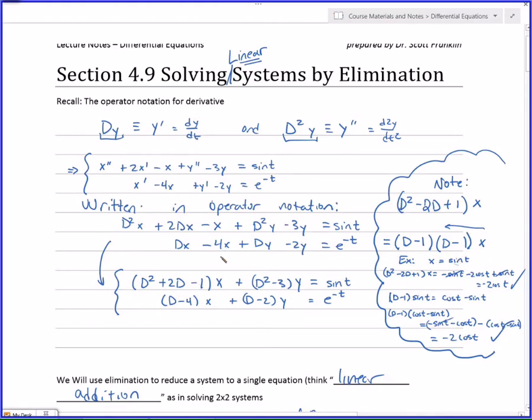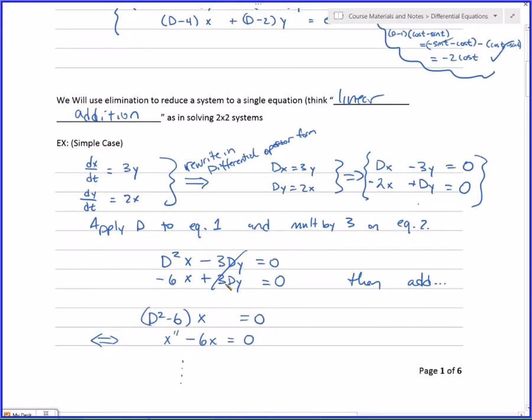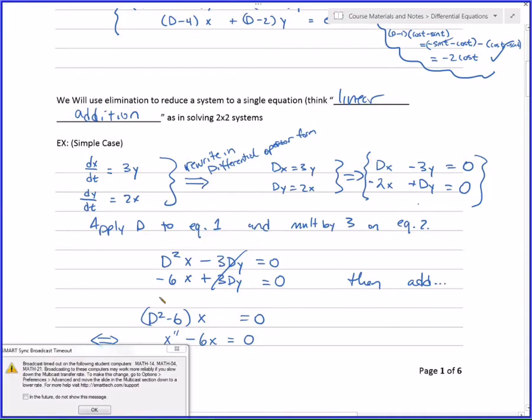I was just doing an example of how you can manipulate those algebraically and still end up with the same operator. Down here, that's a D squared, a 2D, and a minus 1 x. Okay? So we're going to use elimination to reduce a linear system to a single equation.